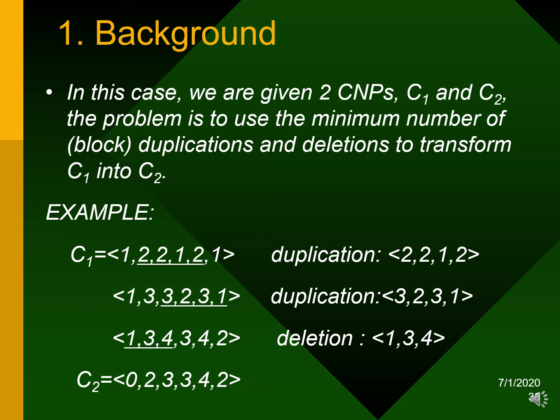This is an example where you use 2 duplications and 1 deletion to convert C1 into C2. I will not go over the details; you can pause and verify by yourself.